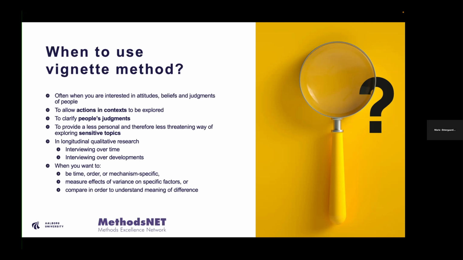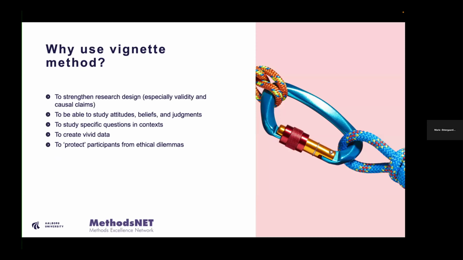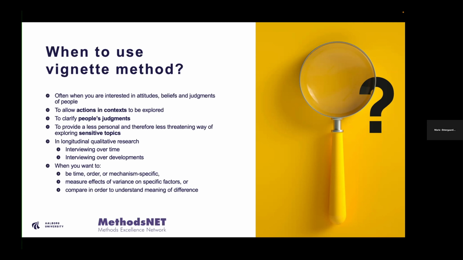Also, just to sum up, if you want to be specific, if you want to be time or order specific, and this is meant in a very interpretive, qualitative way, meaning if you want to understand very precisely how particular values or situations matter in, for example, a belief system or in a judgmental system.